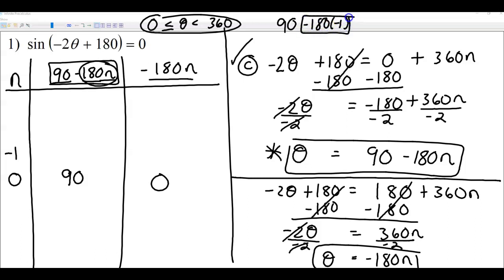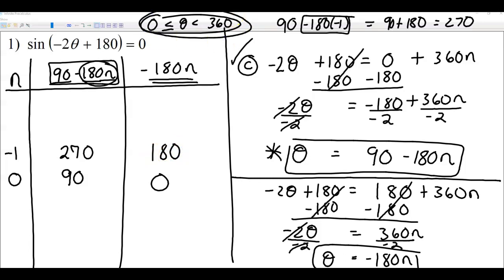Now this is a double negative, so you're going to end up with a positive as a result. That's why I wanted to plug in a negative, so I'd end up adding something. And that gives me 270. So that's for the first one there. What would happen if I were to plug in negative 1 to my other general formula? I would get positive 180.